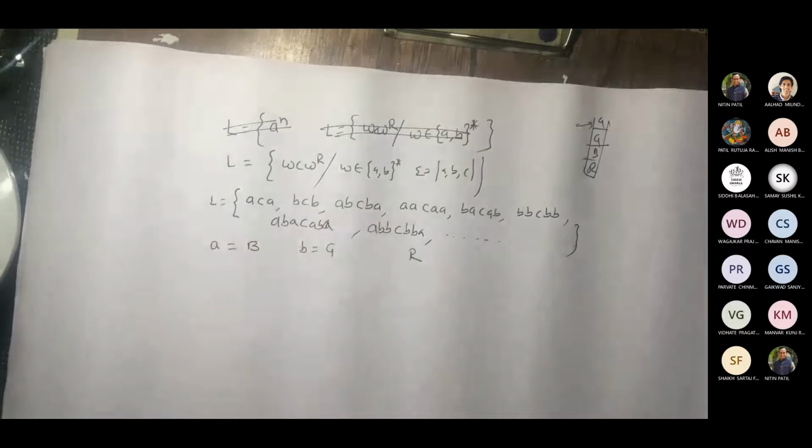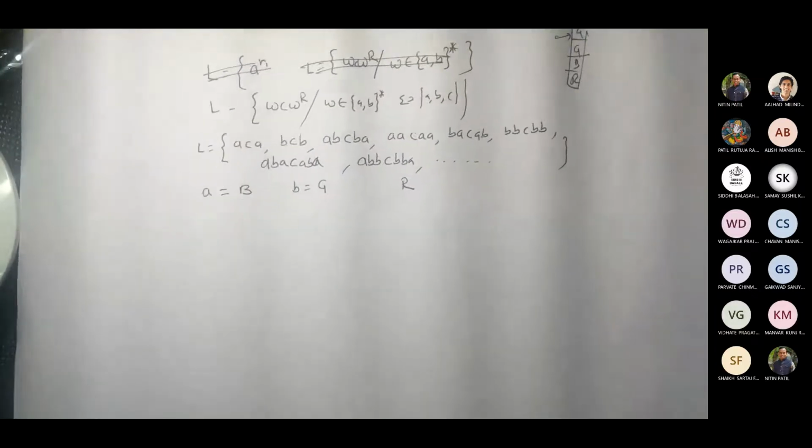What is the logic behind here? Whenever I see A, I will push a blue plate. Whenever I see B, I will push a green plate before C. And after C, whenever I get A, ultimately I should see on the top of the stack a blue plate.